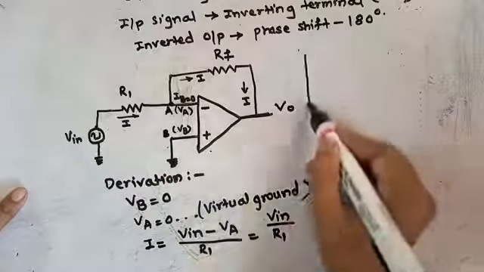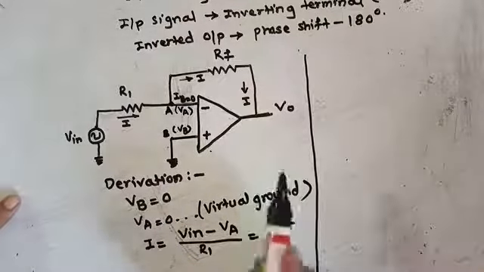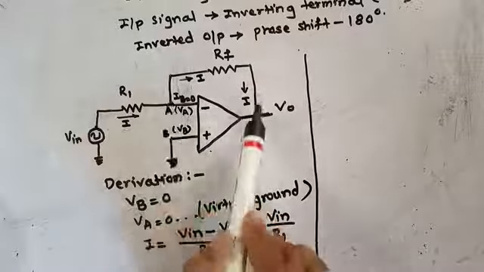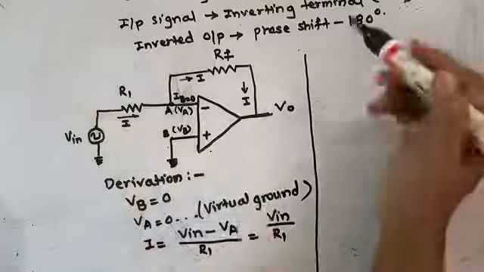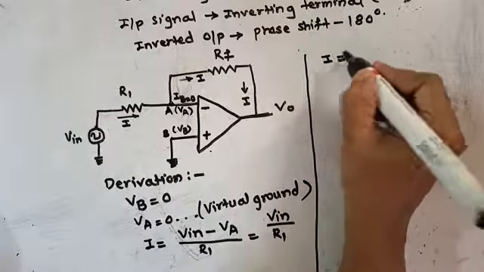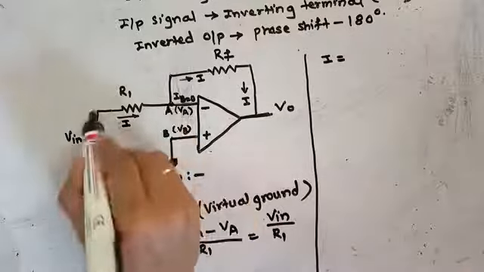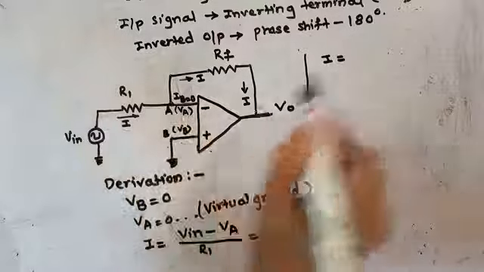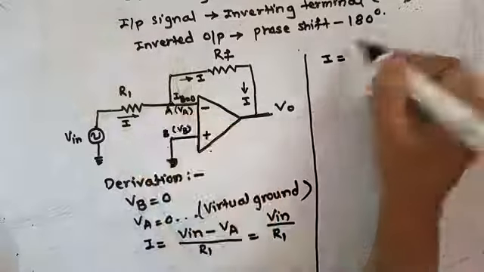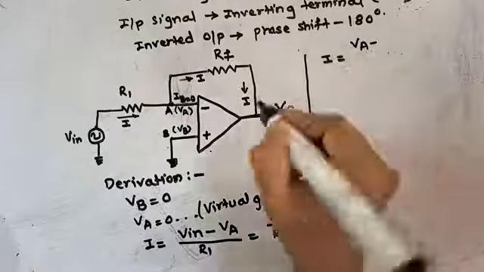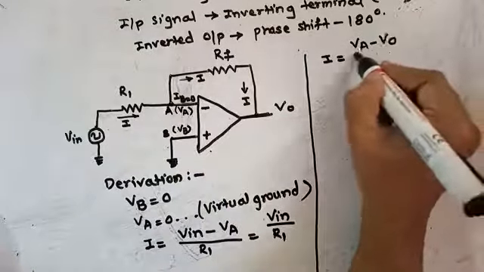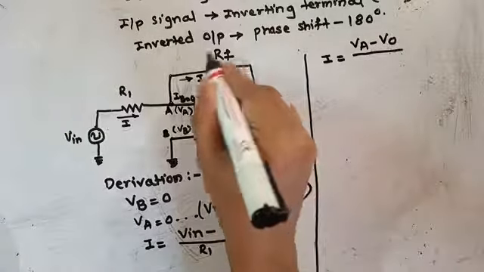Similarly, we can find the current through this branch. Again it is I. This is the input side, and now this is the output side. Output side current I is equal to VA minus V0, where at this point we get the output voltage V0, upon which resistor?